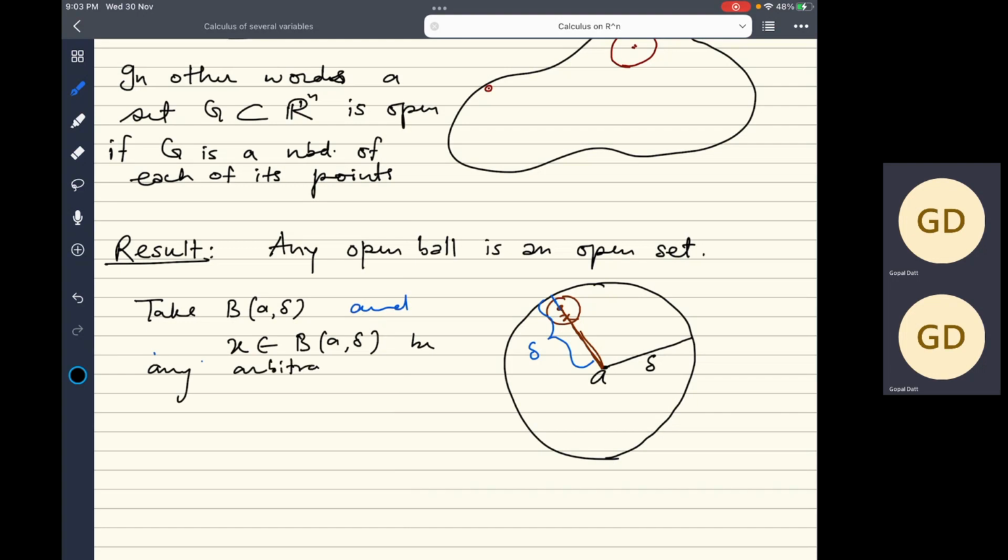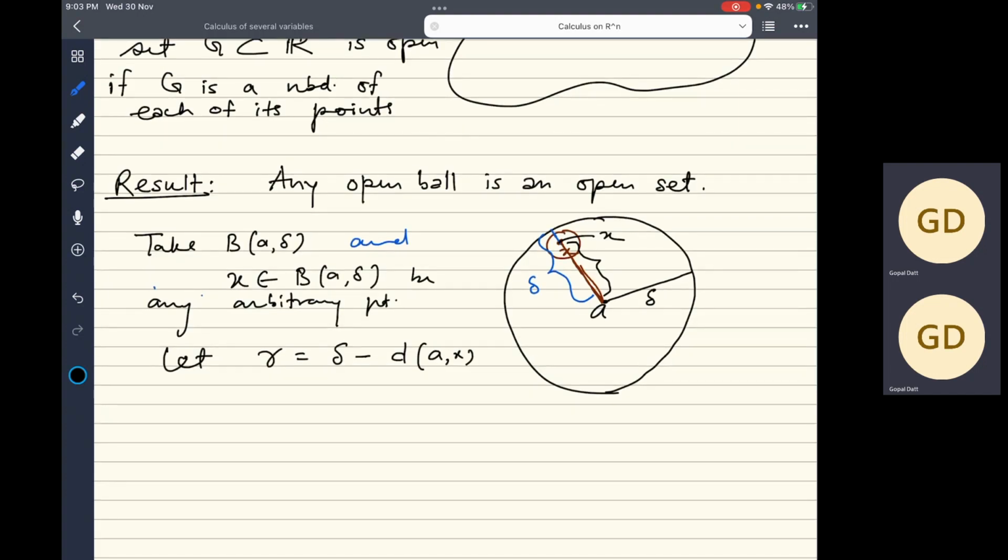Now let R equal to delta minus the distance between A and X. This point is X. This is the distance between A and X.